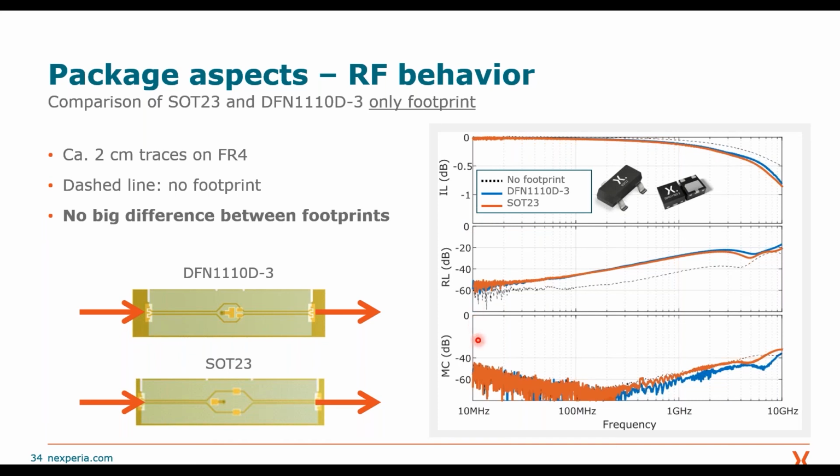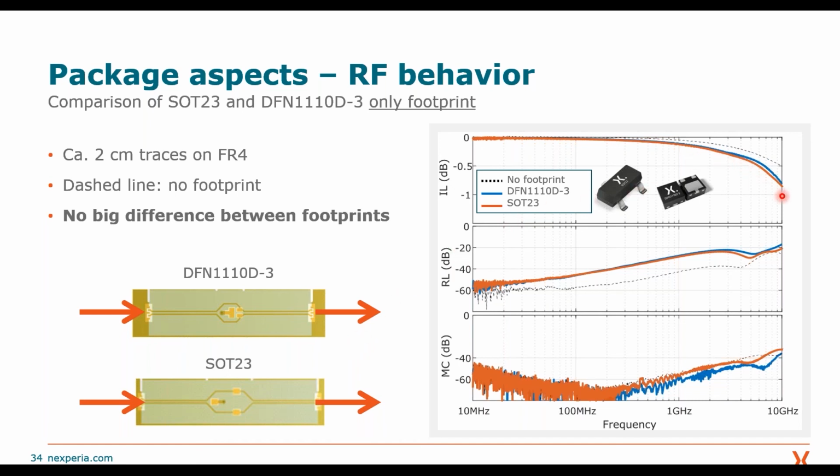And also due to the fact that we have a differential signal here, we can look at the mixed mode scattering parameters also. And what is done on this slide is that we have only the pads of the SOT23 and DFN package, so only the pads are on the PCB, and we see the scattering parameters when we compare them.